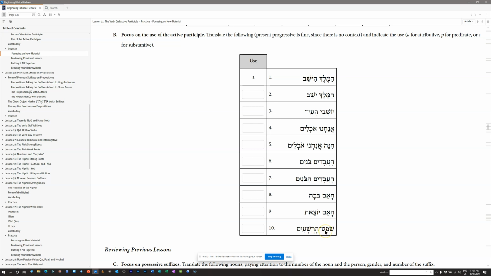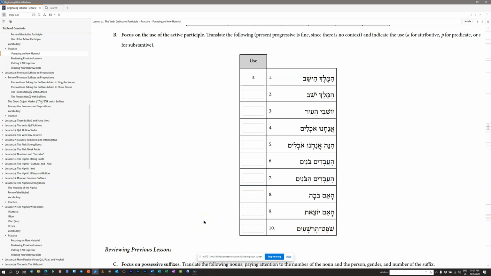And so here what we actually have is two adjectives. Shofet is a verbal adjective, a participle, and rasha is an adjective, but it is also substantival. Wicked ones. So we have the judge of the wicked ones, and this would be substantival.